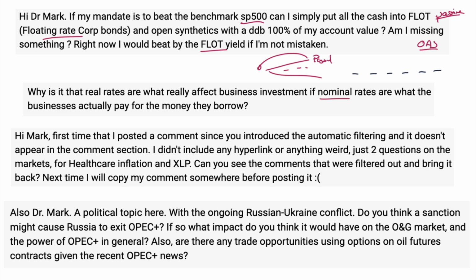If inflation is 4%, it means prices are rising 4%, which means my cash flows are 4% higher. So if my cash flows are going to be 4% higher and I'm discounting at 4%, my money is free. Now, if the interest rate is 3% and inflation is 4%, I'm actually going to do even better, because my prices will be up by 4%, my cash flows will be higher by 4%, but I'm only discounting them at 3%.